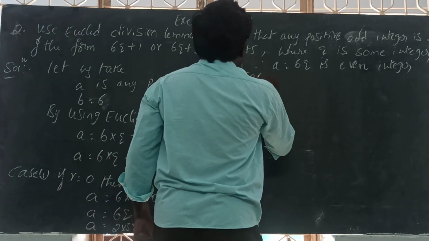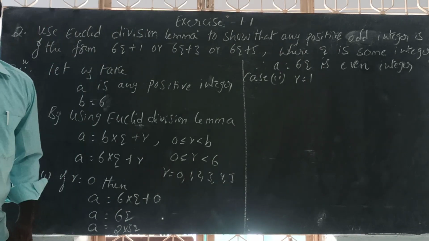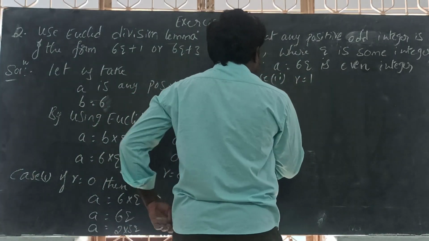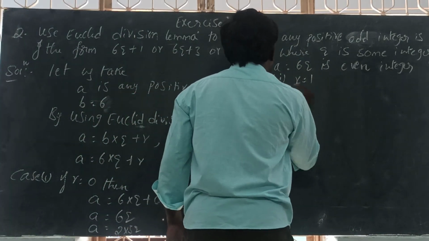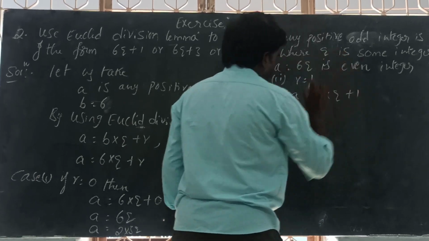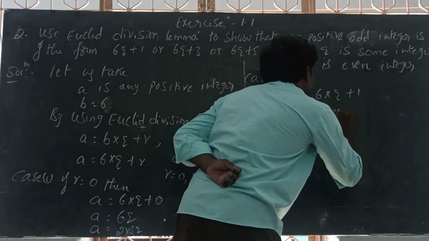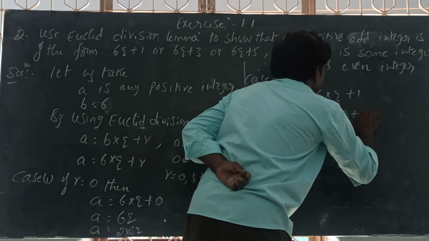Case 2: the remainder is equal to 1. Then a is equal to 6 into q plus 1. We can write this as a is equal to 2 into 3q plus 1.